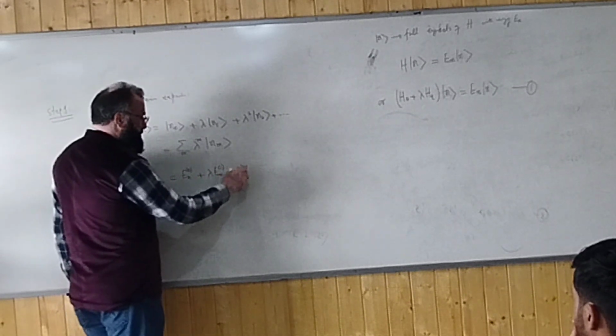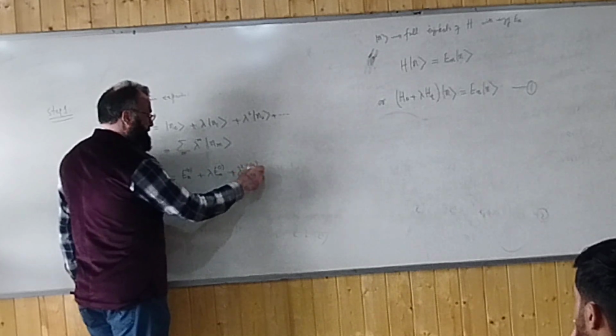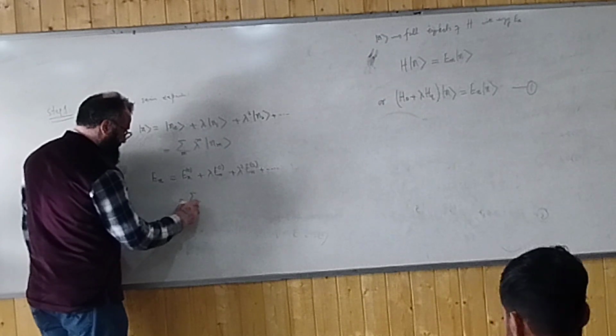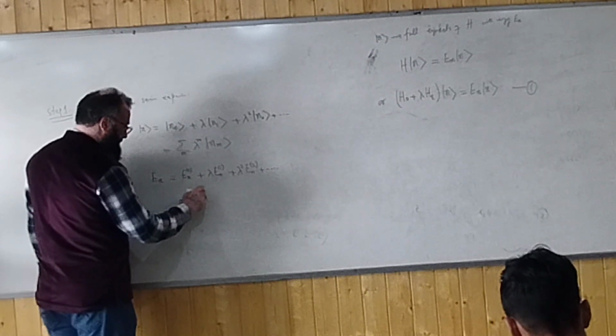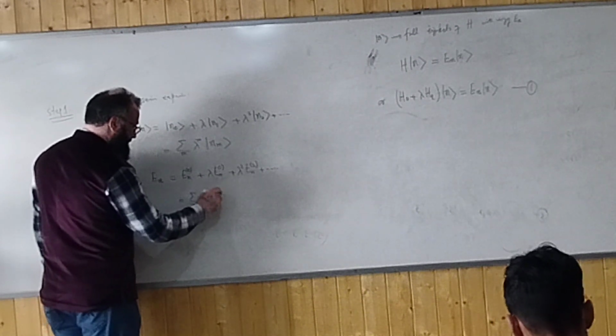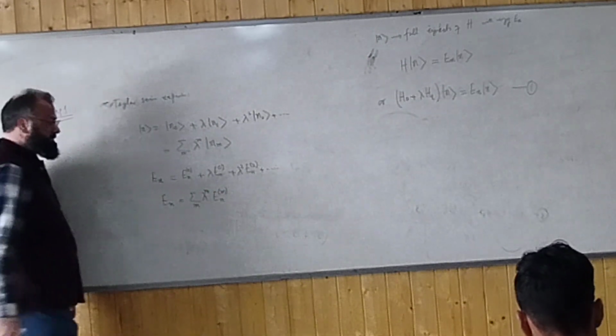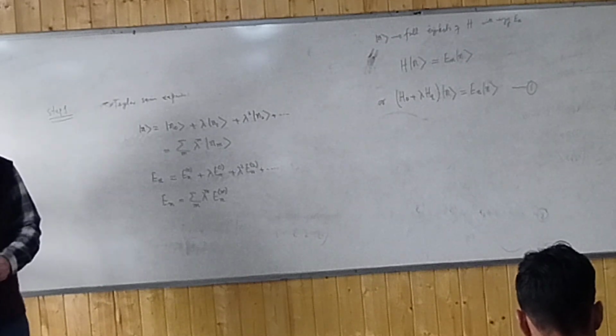Then you have lambda square En2. Let's write it as a summation over m of lambda to the m, En m. Everybody got it?